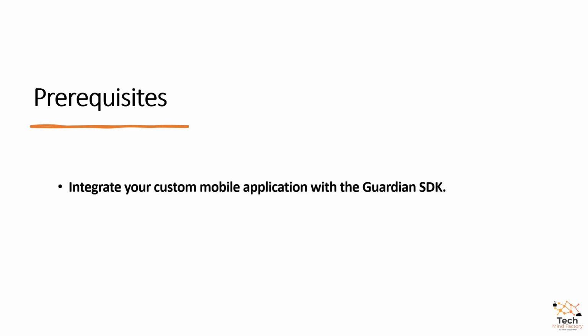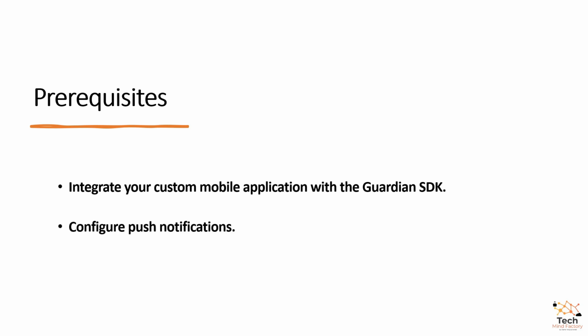Great. So now let's talk about some prerequisites to use CIBA with Auth0. First of all, we need to integrate the Guardian SDK provided by Auth0 into our mobile application. So we need to implement a custom authenticator app with the Auth0 Guardian SDK integrated.